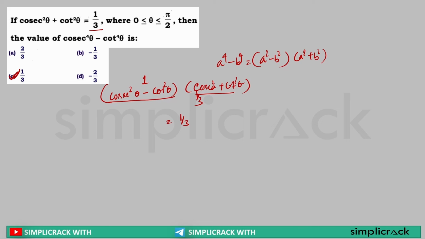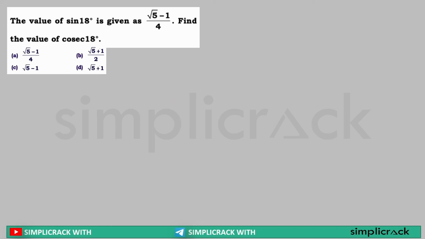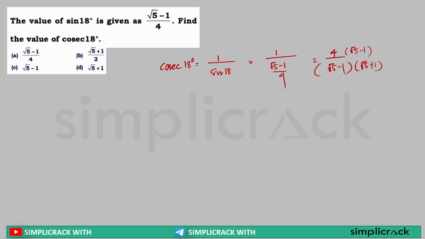Sorted? Next. The value of sine 18 degree is given as (root 5 minus 1) by 4. What is cosec 18? Sir, cosec 18 degree can be written as 1 by sine 18 degree. So this is 1 by (root 5 minus 1) by 4, or I can write 4 by (root 5 minus 1). Now if I multiply root 5 plus 1 on the upper part and lower part, what will it be?